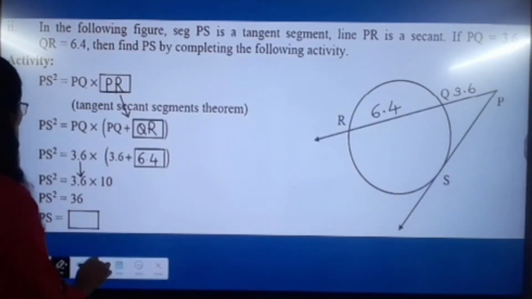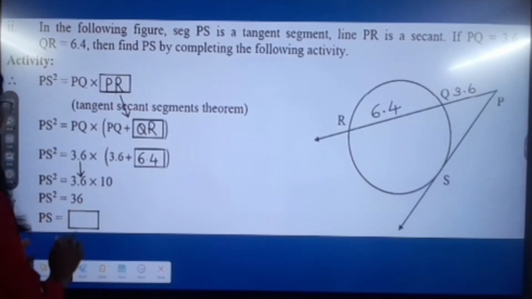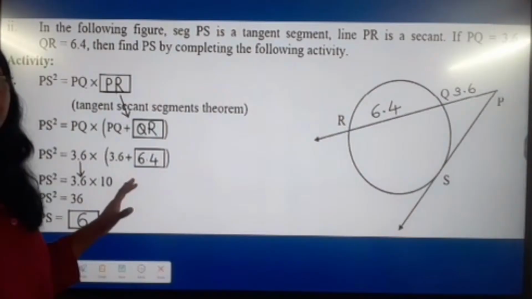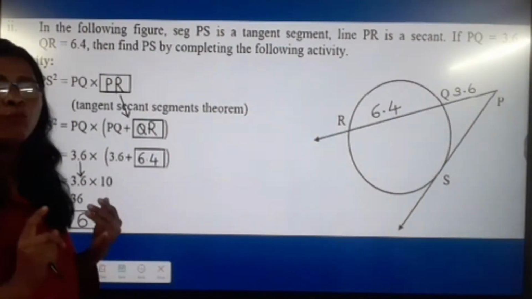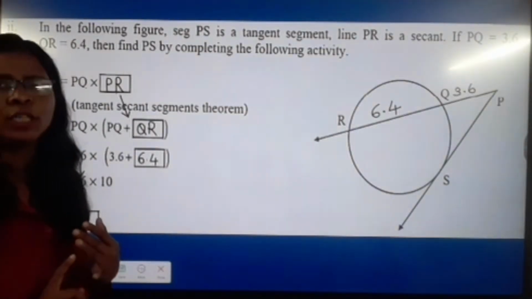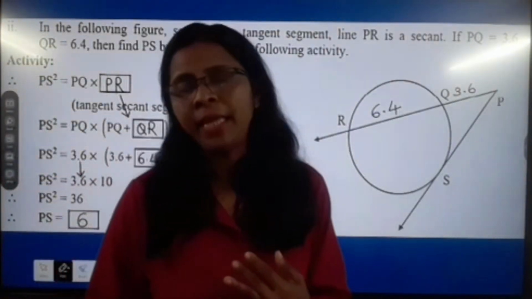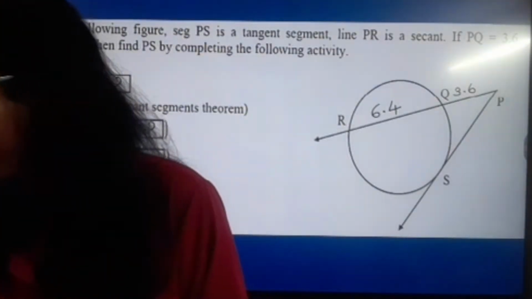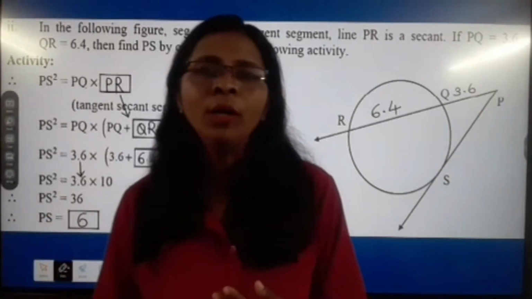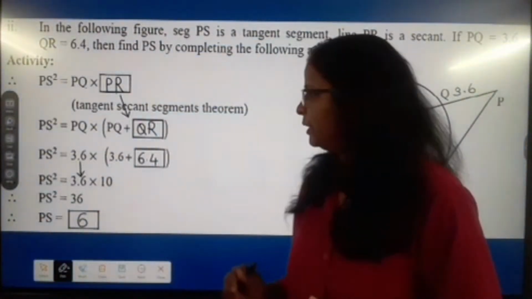So PS square is equal to 36. So PS is equal to 6. Okay, student, by the given information we solved this activity by the tangent secant segment theorem.